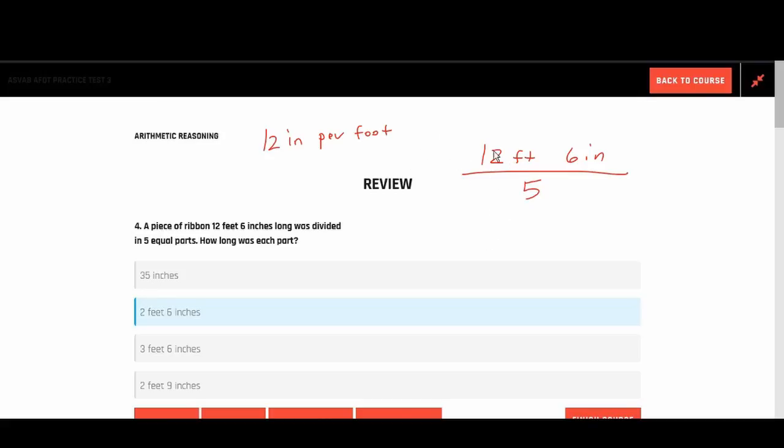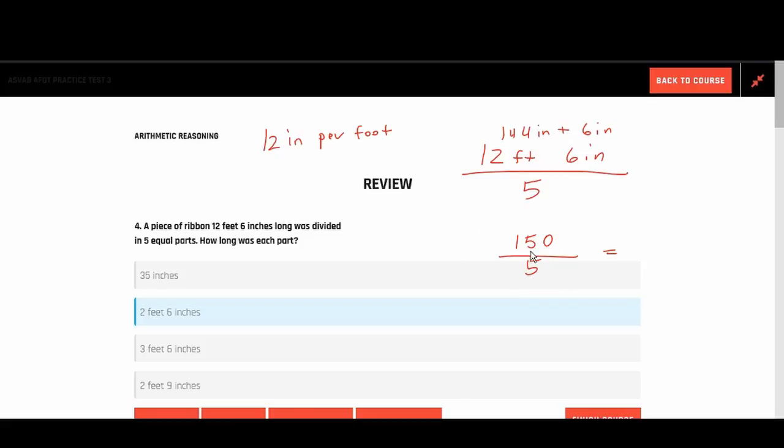Again, there are 12 inches in every foot. So we should know that 12 feet is the same as 12 times 12 inches, which is 144 inches. And then we have this 6 inches hanging out there. So this problem instead is going to be 144 plus 6, which is 150 inches divided by 5. Again, we got to get comfortable doing mental math.